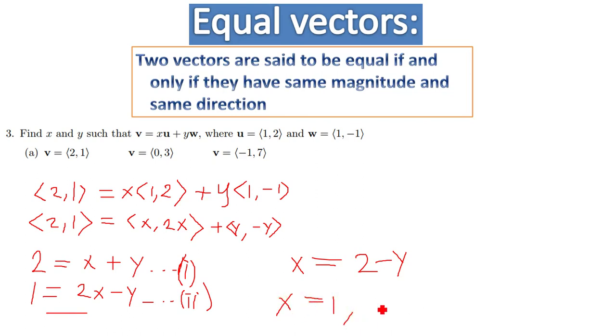So x will be 1, and y will also be 1, such that when you replace them there, you get 2, and when you replace them there, you get 1 that side. So these are the values of x and y you should find after solving these two simultaneous equations.